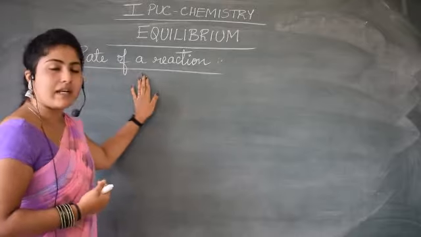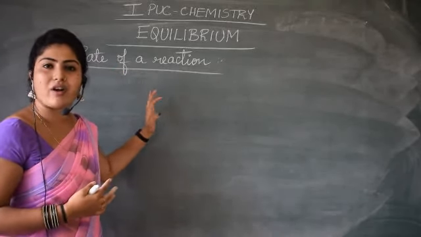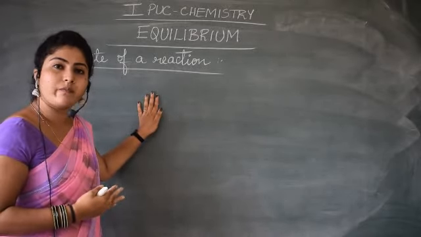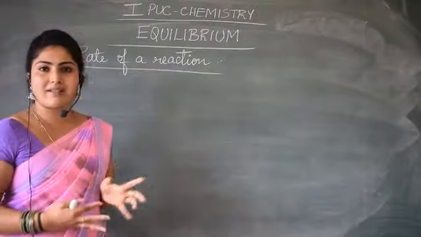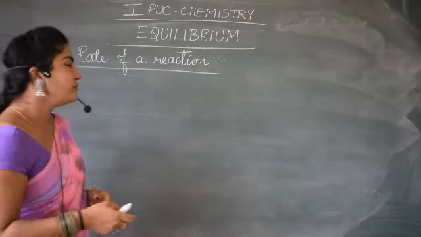You will be studying this in detail in your second PU class, in the chemical kinetics unit. But for now, for you to understand what chemical equilibrium is, let me tell you.